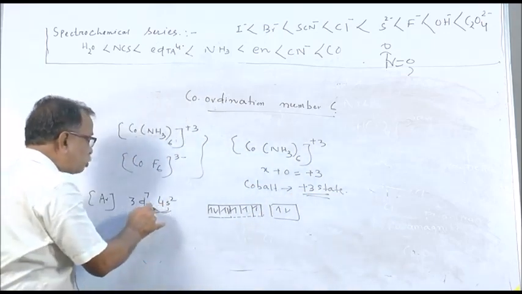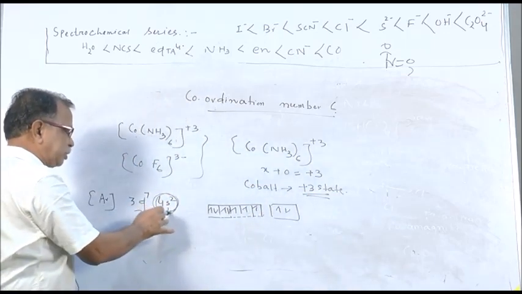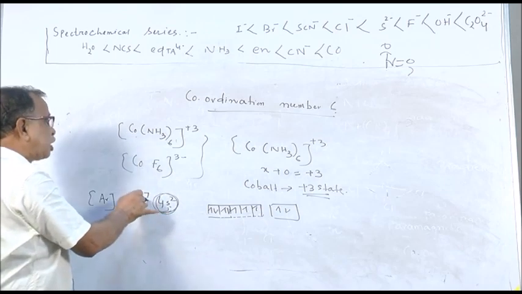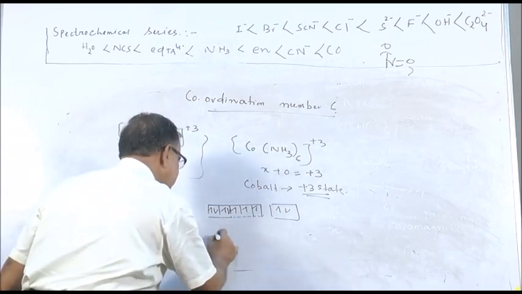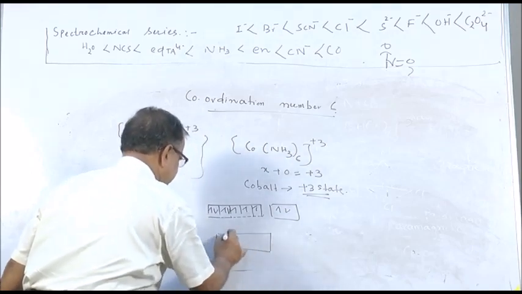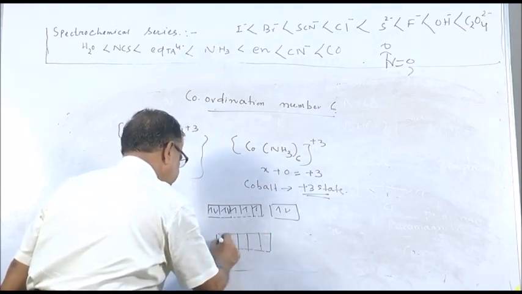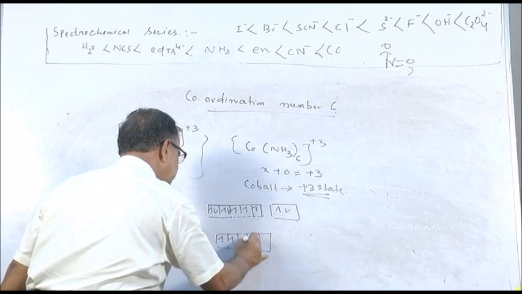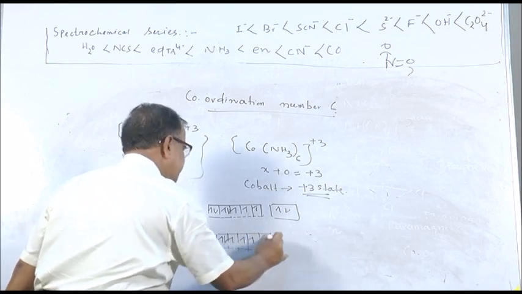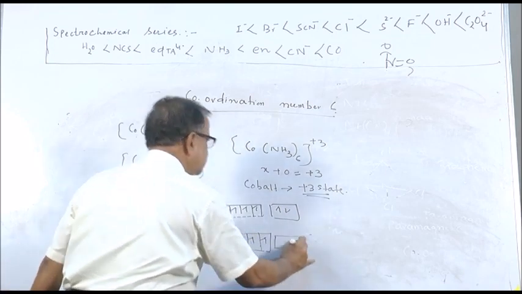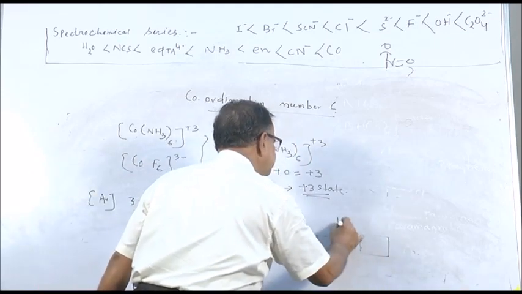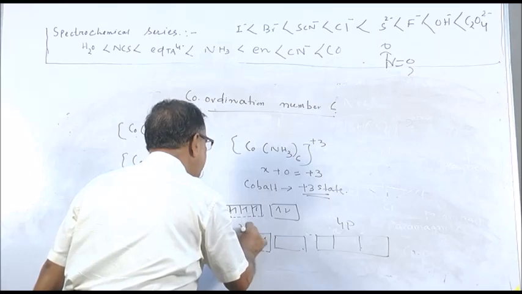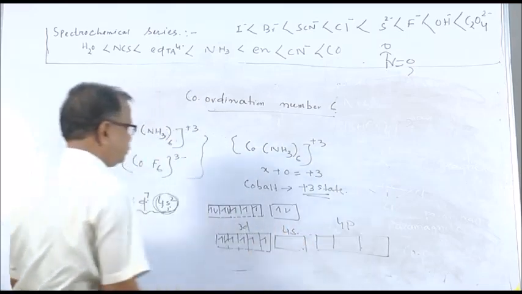That means 2 electrons are removed from the outermost shell, that is 4s, and 1 electron from the d orbital, giving 3d6. The 3d configuration is like this: 3d6, 4s, 4p.